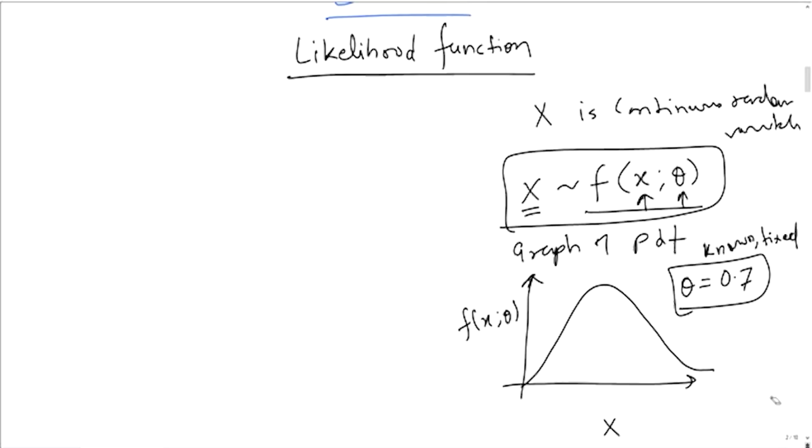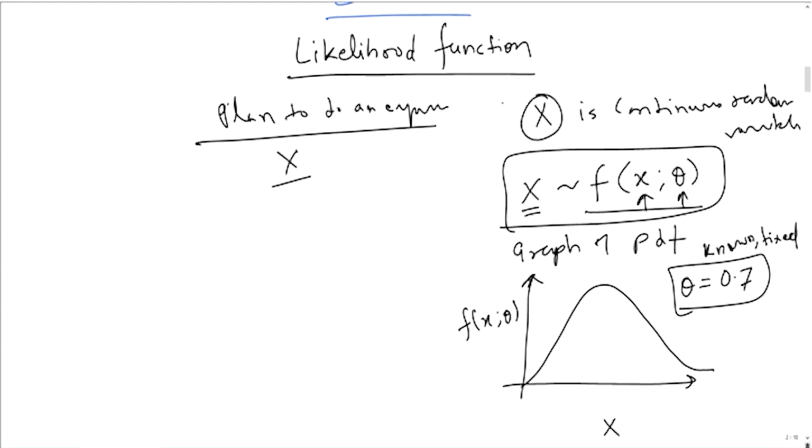Now, this is something you can draw before even seeing any data. What do I mean by that? So, let us say you plan to do an experiment where your random variable is x. So, basically the outcomes you are going to observe in this experiment are exactly the values of this random variable x, right. And you have already assumed that x, the outcome in your experiment, would come from f of x theta.